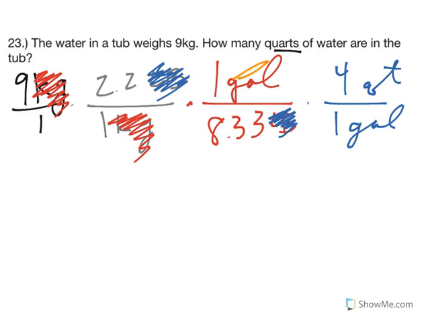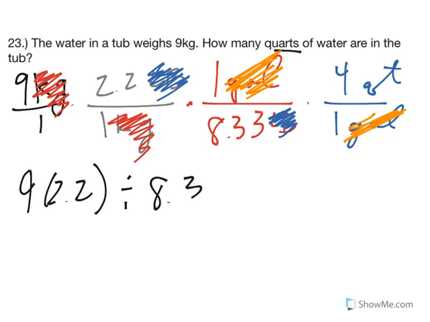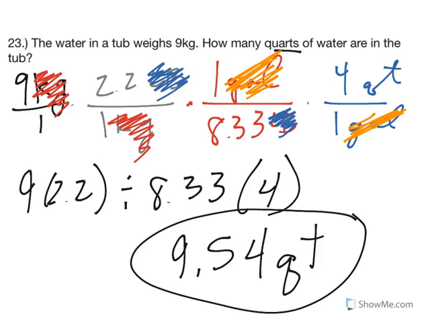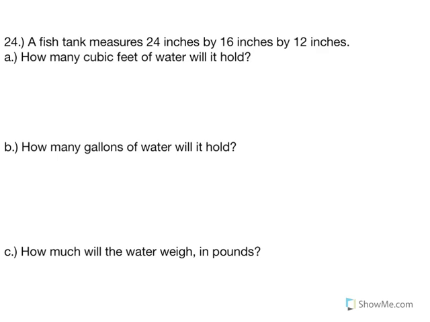Because they're both water or liquids. Make sure gallons go away. So 9 times 2.2 divided by 8.33 times 4. And when you do that math in order left to right, you get 9.54 quarts. So that's kind of exciting. Okay. I like this problem. It's kind of fun.